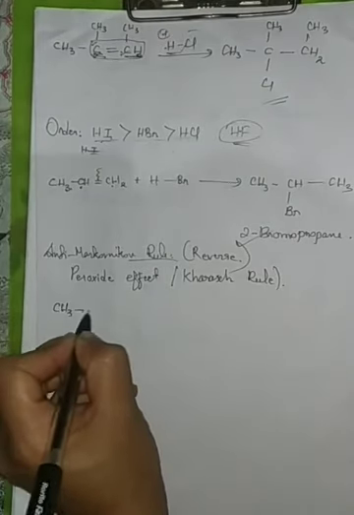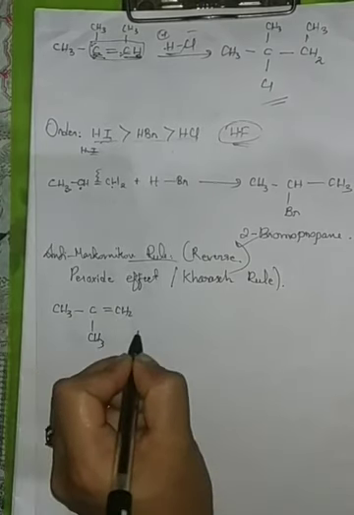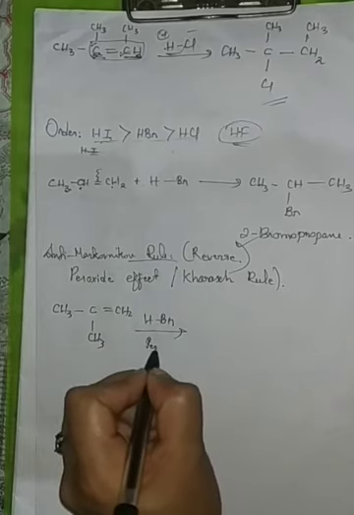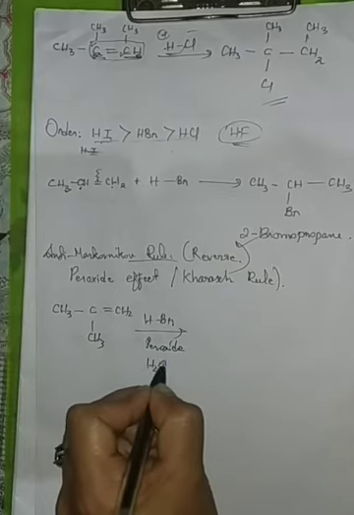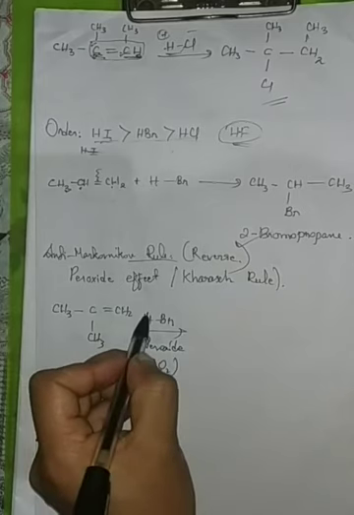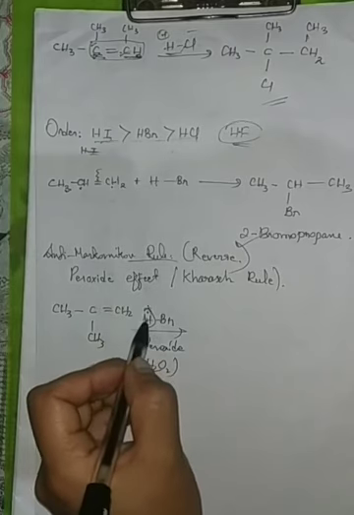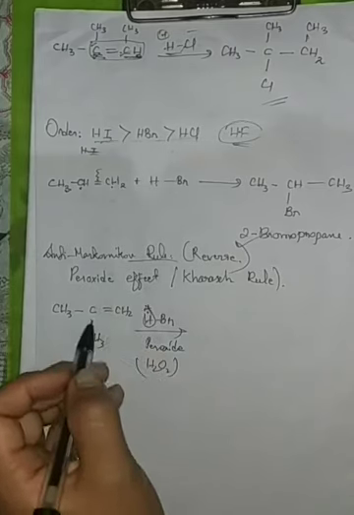If we take an example here, since it is the reverse, HBr reacts in the presence of peroxide, that is H2O2. Since it is the reverse of Markovnikov's rule, the H plus electrophile would attack the carbon atom having the least number of hydrogen atoms.